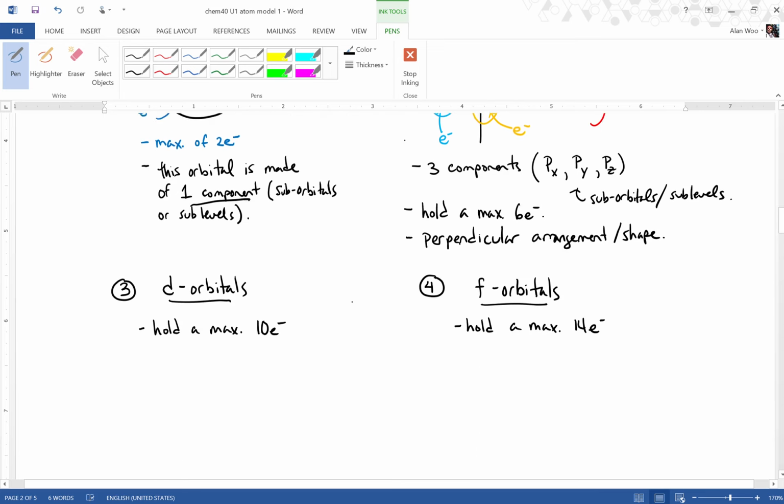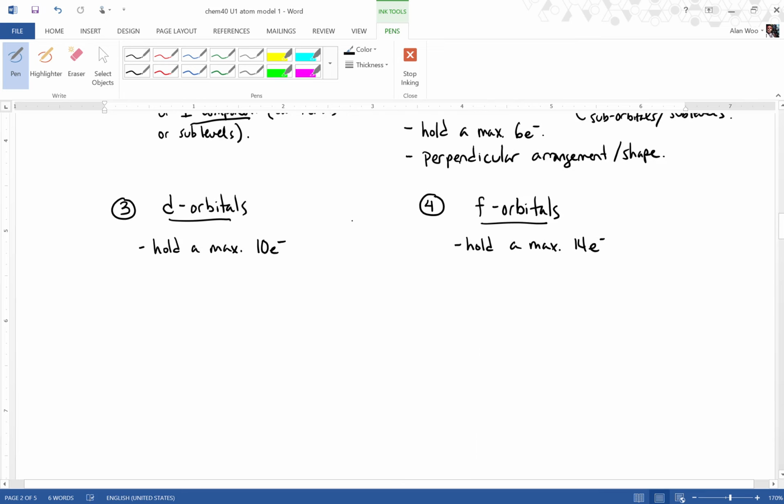So if we look at the maximum number that an orbital can hold and we divide by 2, that will always give us the number of components. So for d orbitals, 10 divided by 2 is 5. So these guys have 5 components, while 14 divided by 2 gives you 7 components.